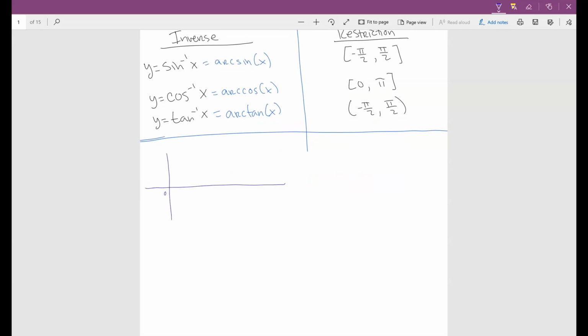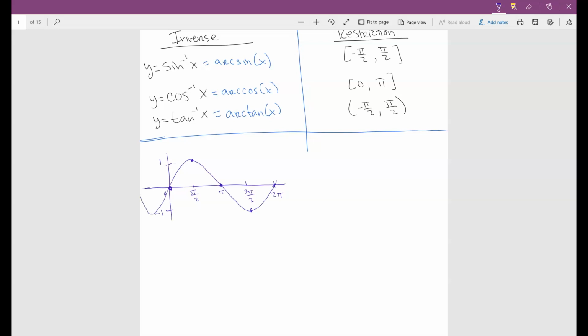We know that by graphing this: 0, pi over 2, pi, 3 pi over 2, 2 pi. The graph of sine starts at 0, then goes to 1, then 0, -1, 0. So it looks kind of like this, and we know that it's going to continue on this way as well.